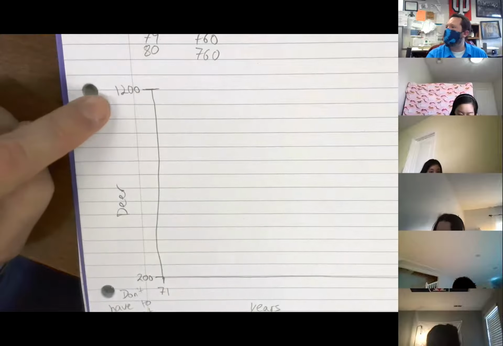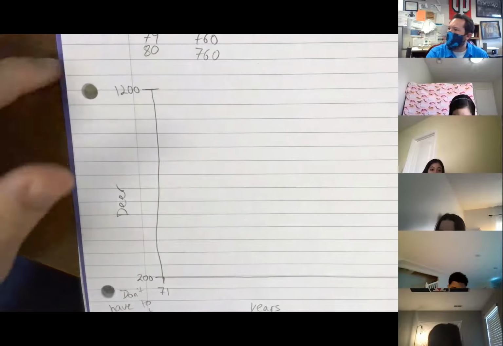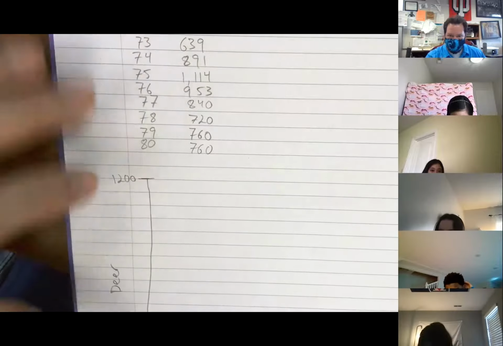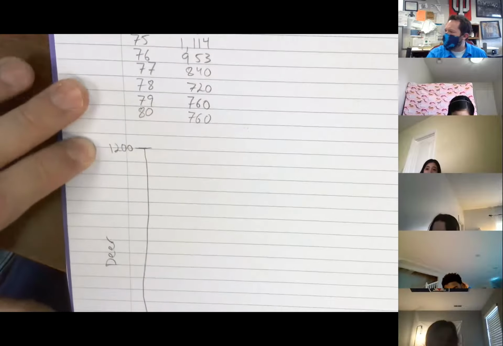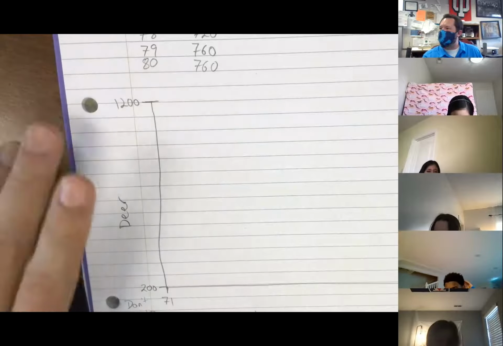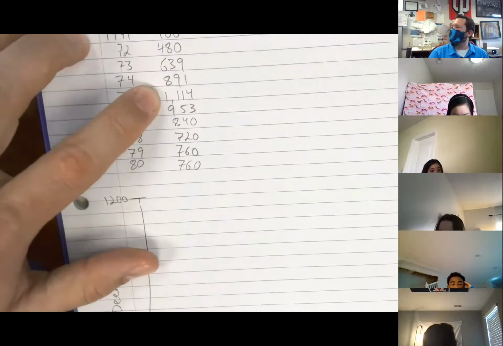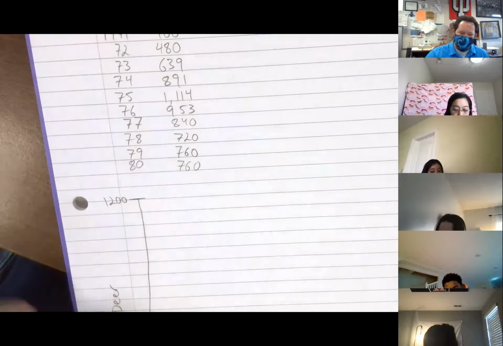And then 1,200 is a nice round number above my highest number. My highest number is 1,114. 1,200 definitely encompasses that, but it's also not such a high number. If I had picked 2,000, this would only be halfway up my graph. Don't want to do that.